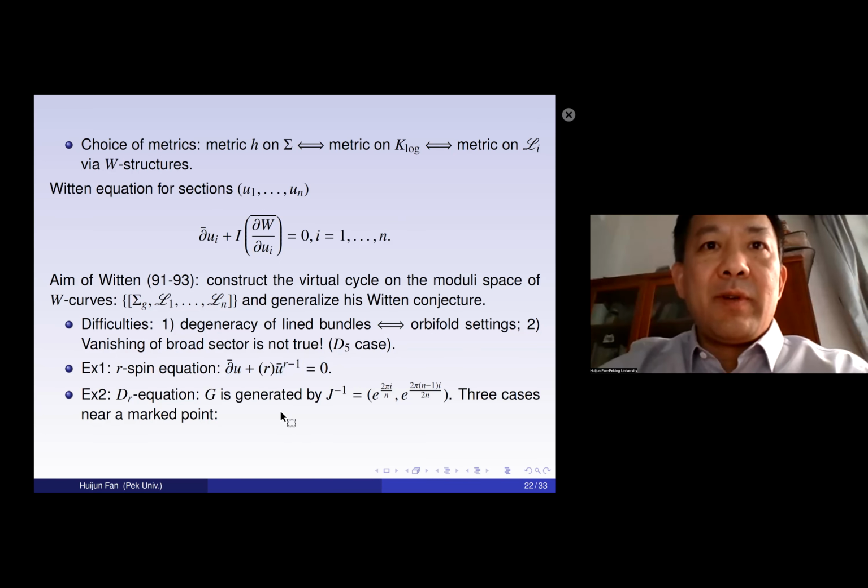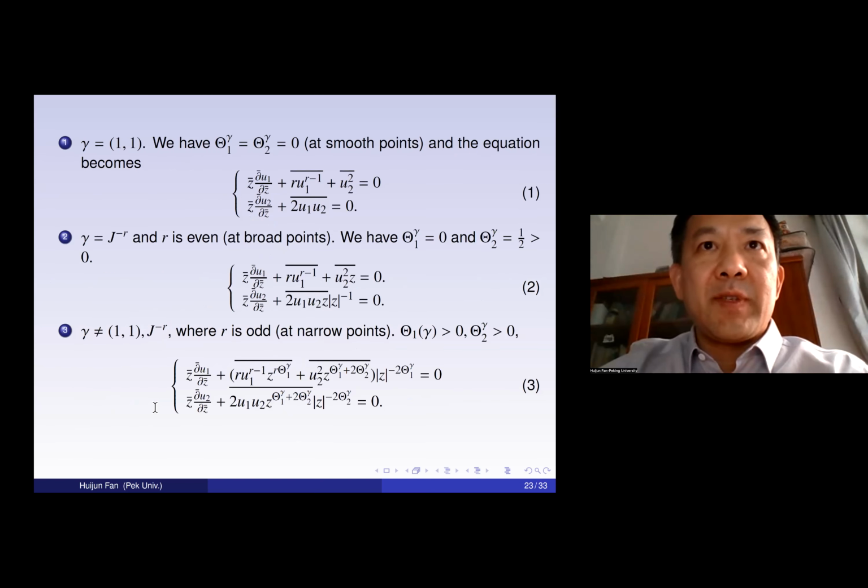Then we can take a look at the D_n equations, because they have two variables. So this is a Cauchy-Riemann system. I don't want to explain the details of the equations, I just want you to have an impression of them.